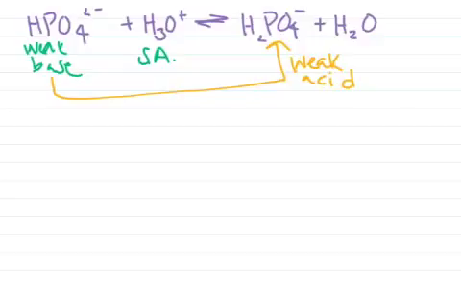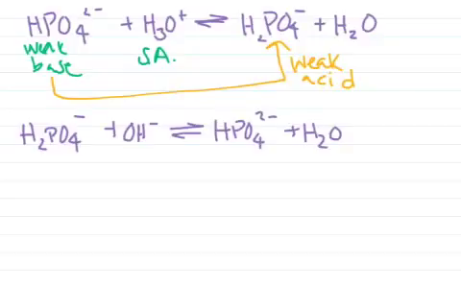So let's break apart H2PO4-. Alright, here we have H2PO4-, OH-, which is our hydroxide, HPO4 2-, and water. Well, since we know hydroxide is a strong base, for example, sodium hydroxide, we're going to call this strong base.